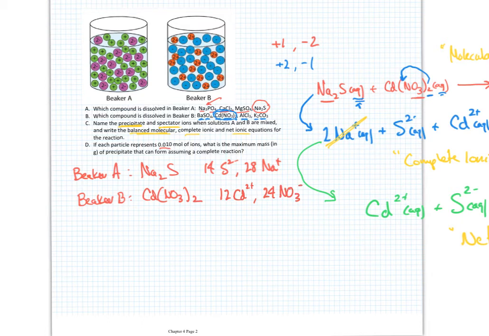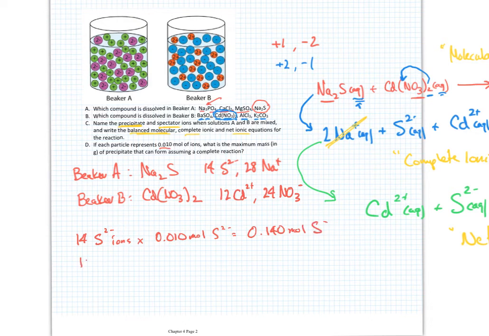So if that is the case, we'll take beaker A, for example. We have 14 sulfide ions times 0.010 moles of sulfide ions per picture on there, which means we have 0.140 moles of sulfide ion present.